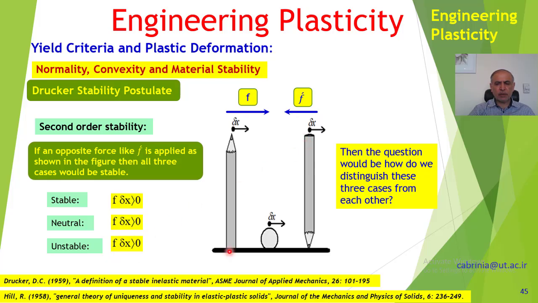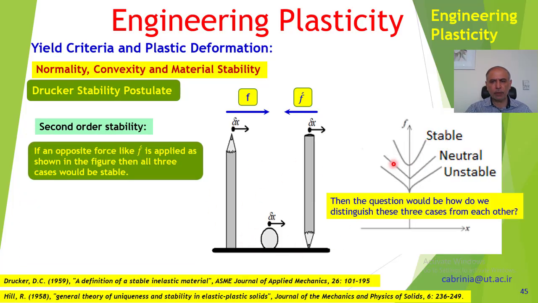So it's positive also, but it is not in a stable position. It is in an unstable position clearly, because if you apply the force a bit further, it will fall down. So how could we distinguish between these three? With the first order stability, all of these are positive. How do we distinguish these three cases from each other?